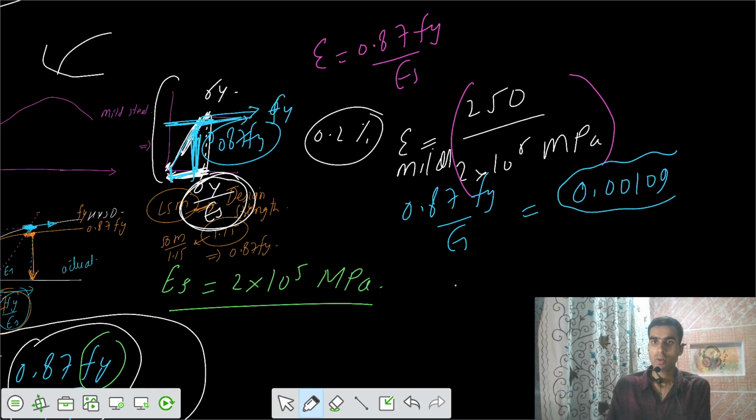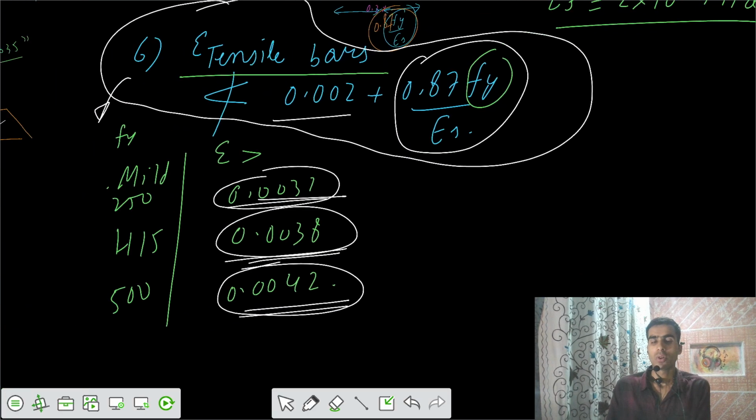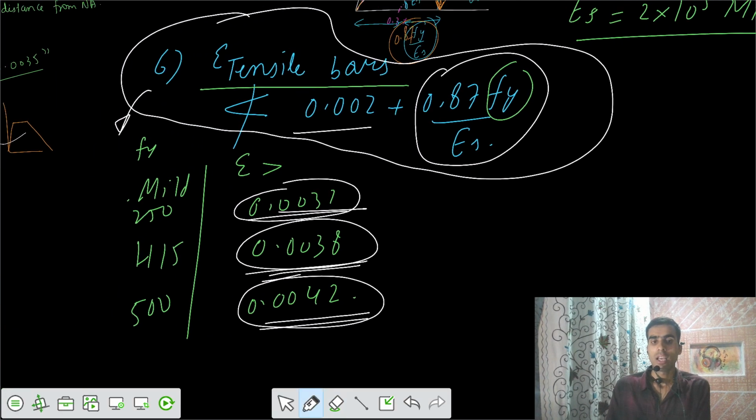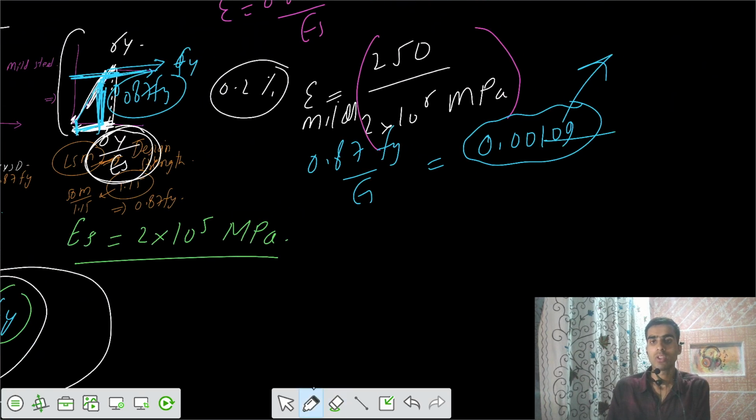That means even at a strain value of 0.00109, your mild steel is going to yield, but the code says that once your mild steel has reached this strain value of 0.0031, which is more than 0.00109, after that your steel is going to yield as per code.